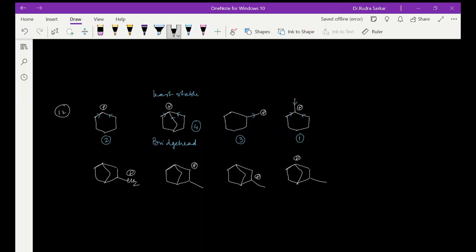Okay, now let's call this problem number 13. Out here, electron donation is happening from only one carbon. Here it is happening from 2 ends. Here it is happening from 3 ends. So this will be the most stable. Here again, this is a bridgehead, and hence it is the least stable.